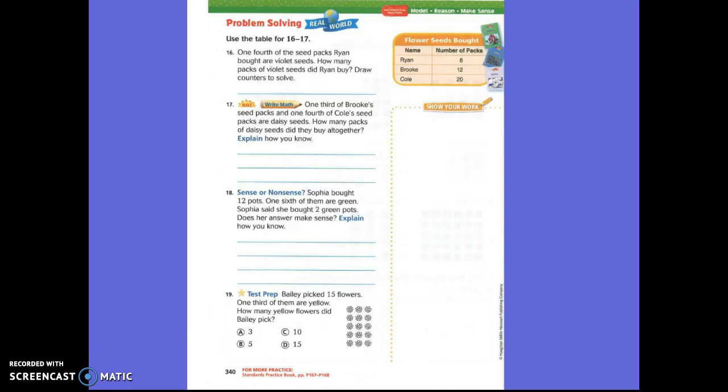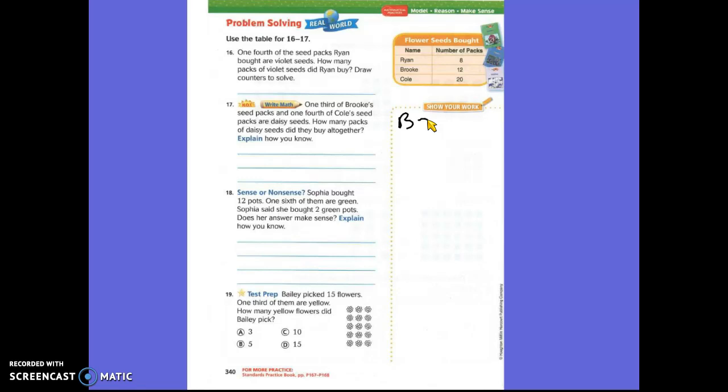But we have to find out how many seed packs Brooke had, how many seed packs Cole had, and how many of them are daisy seeds. So let's look at Brooke's for right now. Make a B for Brooke. How many seed packs total did it say Brooke has, Tyson? Brooke, that's her name.